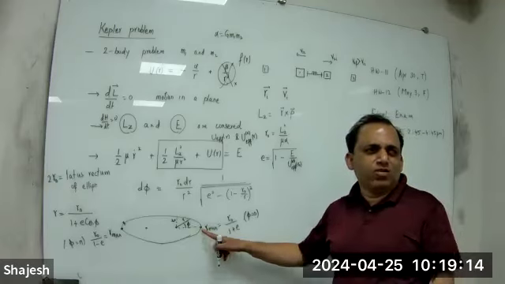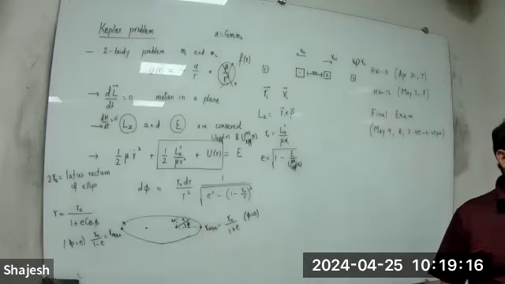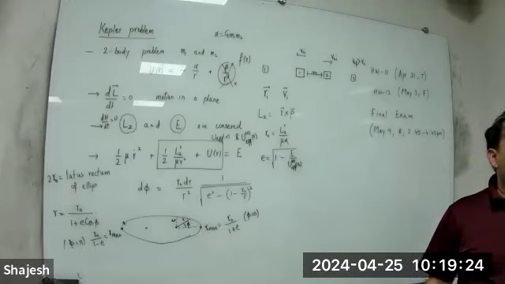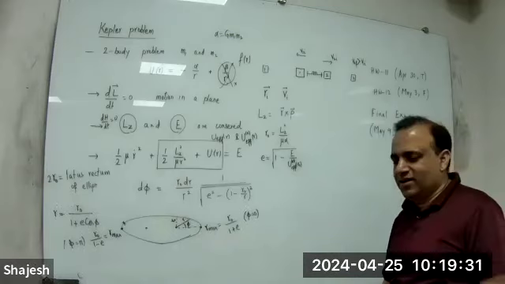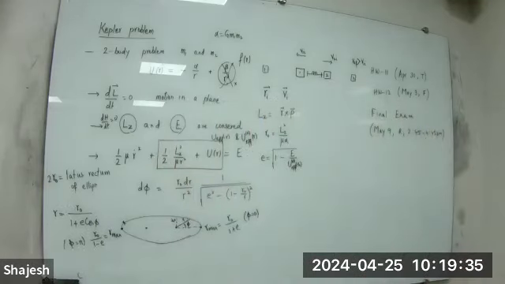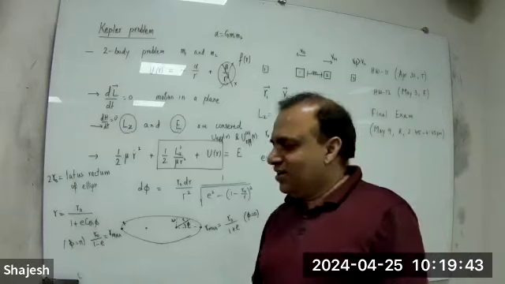Perihelion is January 3rd. Okay, I'll check. Probably not. It shouldn't be, it's one of those equinoxes.